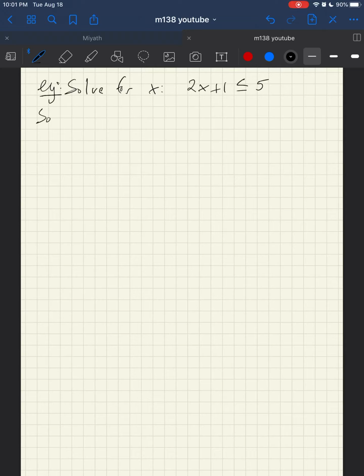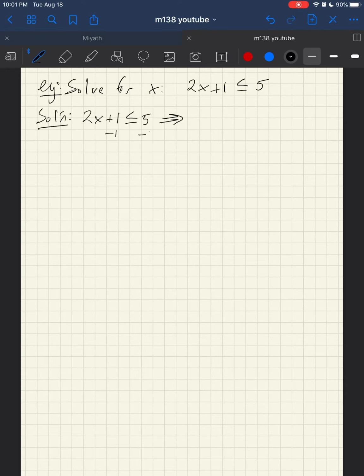So I'm looking for all of the x that satisfy this inequality. I can just treat this like an equation, but write a less than or equal to sign instead of an equal sign at each stage.